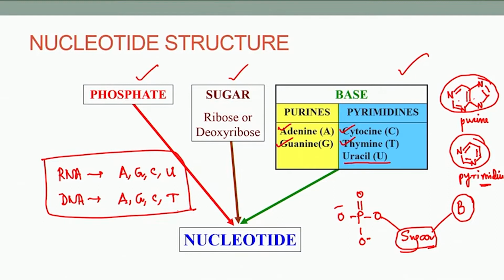Interestingly, there are only 4 bases in a particular type of nucleic acid. Okay. And these 4 bases, their arrangement, their sequence actually dictates how the information is stored in the DNA.